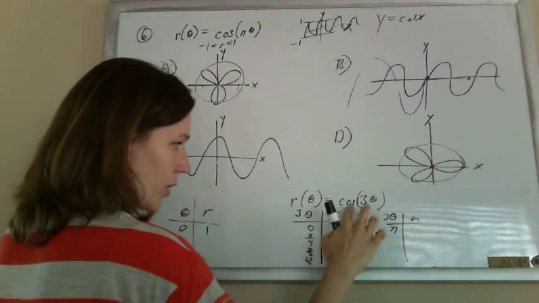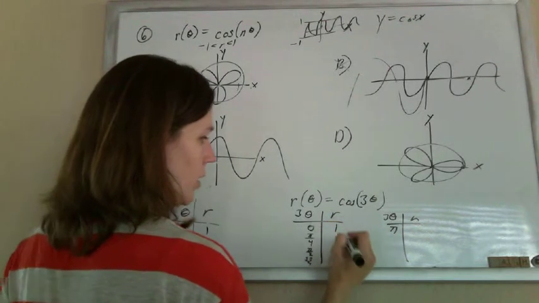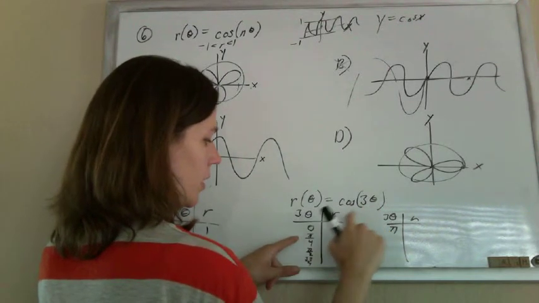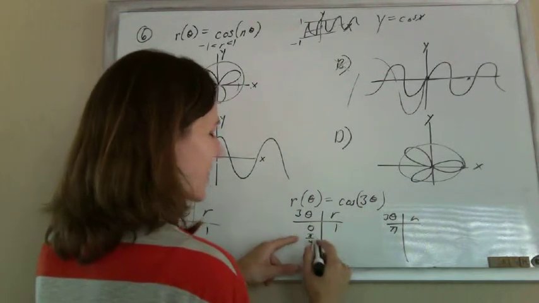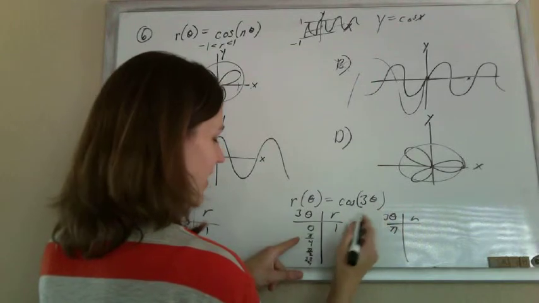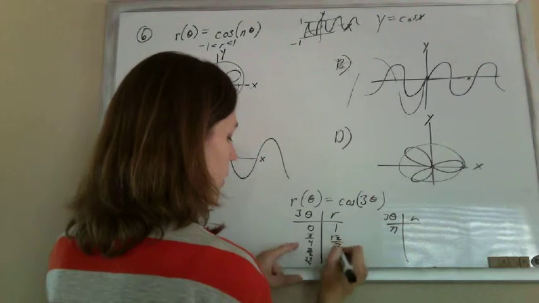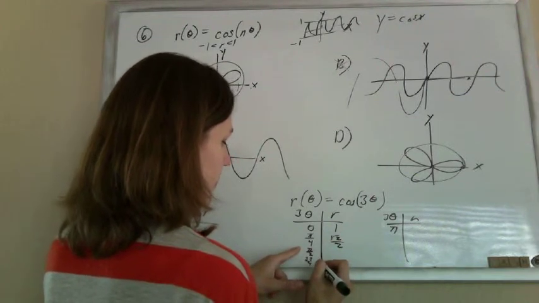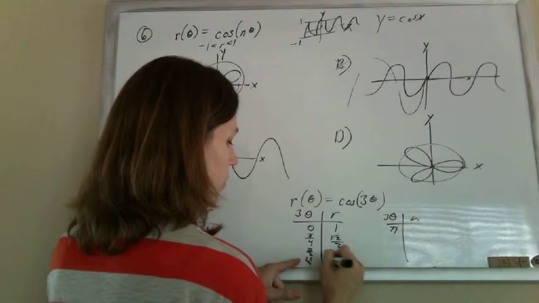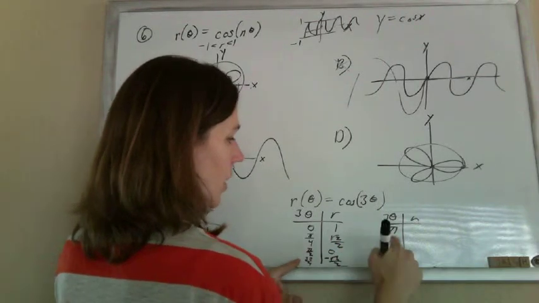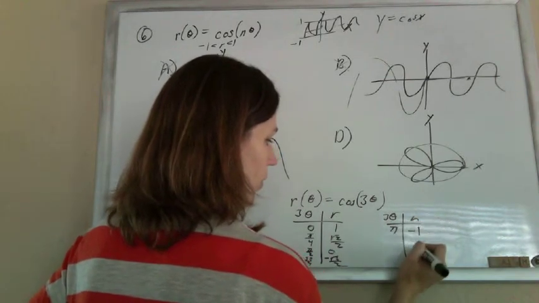So the cosine of 0 is 1. If 3 theta is pi fourths, the cosine of 3 theta is the cosine of pi fourths, which is root 2 over 2. Cosine of pi halves is 0. Cosine of 3 pi fourths is negative root 2 over 2. Cosine of pi is negative 1.